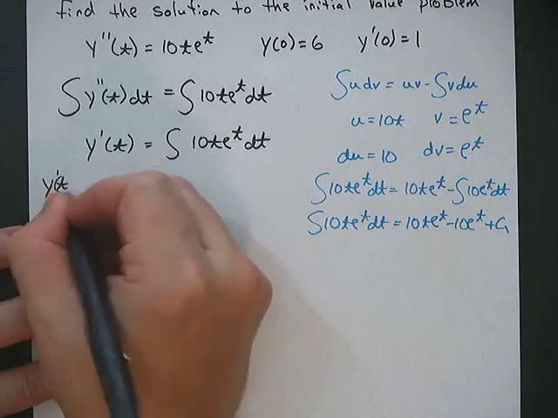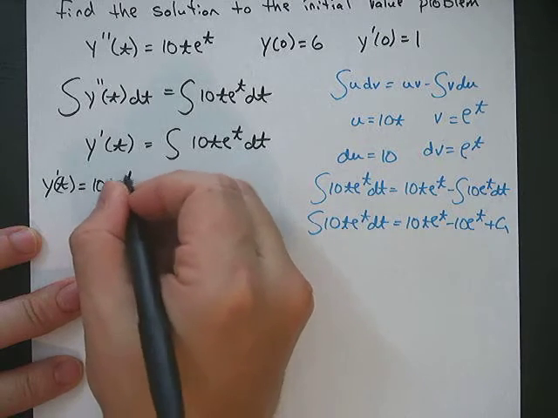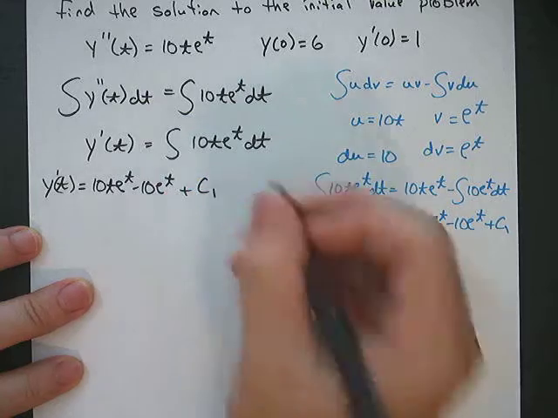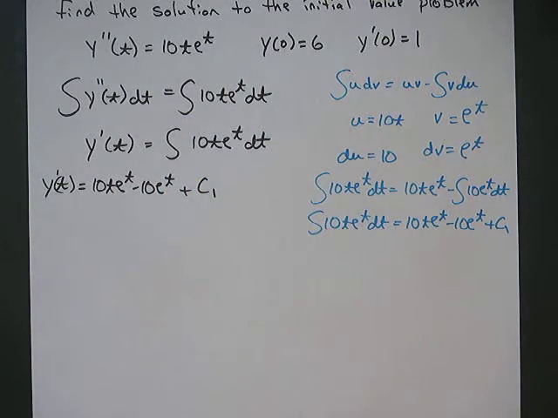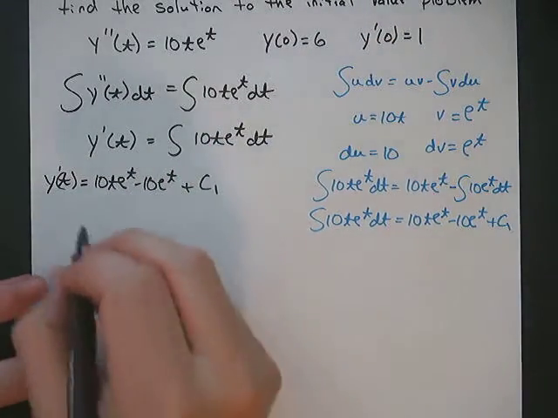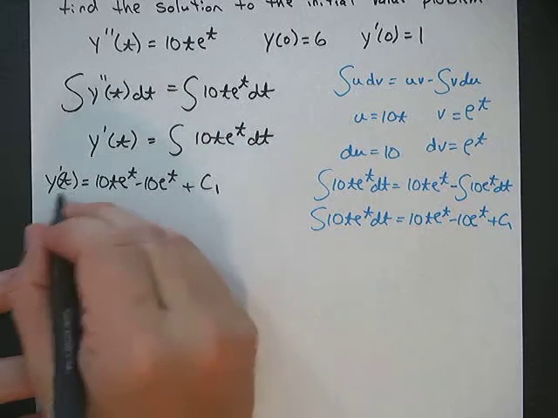y prime of t is equal to what we wrote over there. Just rewriting it here. Okay, and now we're going to use the information that we're given. We're given that y prime of 0 is equal to 1. Okay, so I'm going to plug in a 0 for t and set this equal to 1.